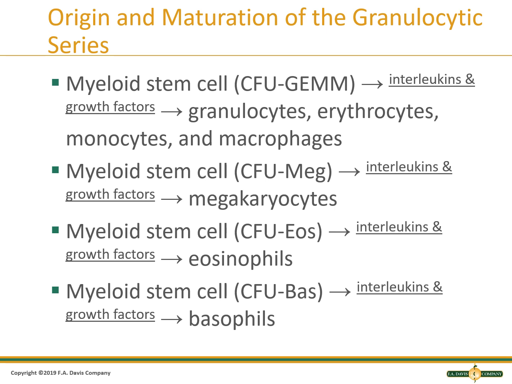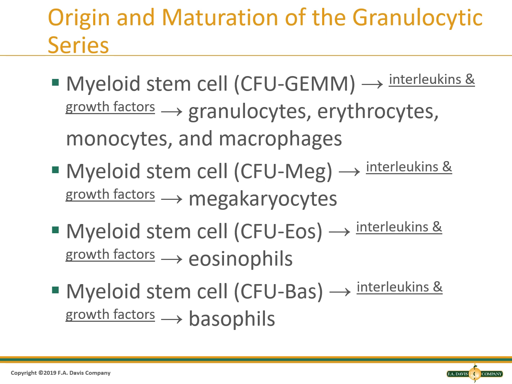So this gives you a little snapshot of the origin and maturation of the granulocytic series. You can see that we start with a myeloid stem cell, and when interleukins, which are like hormone type stimulators and growth factors, are applied, then you have the rise of, you can see in parentheses, GEMM: granulocytes, erythrocytes, monocytes, and macrophages. CFU stands for colony forming units.